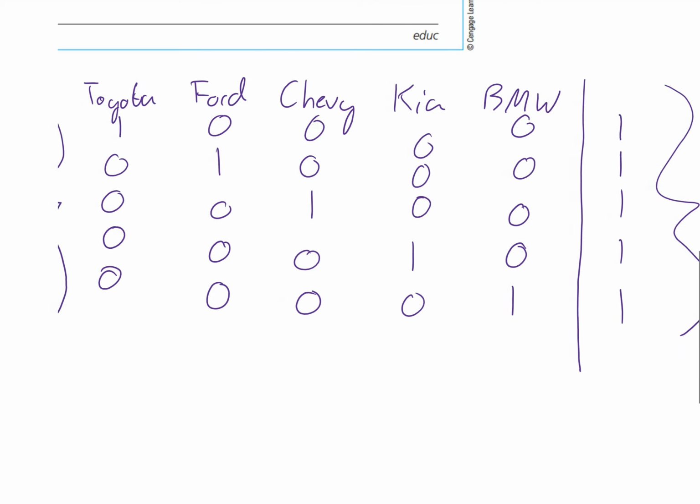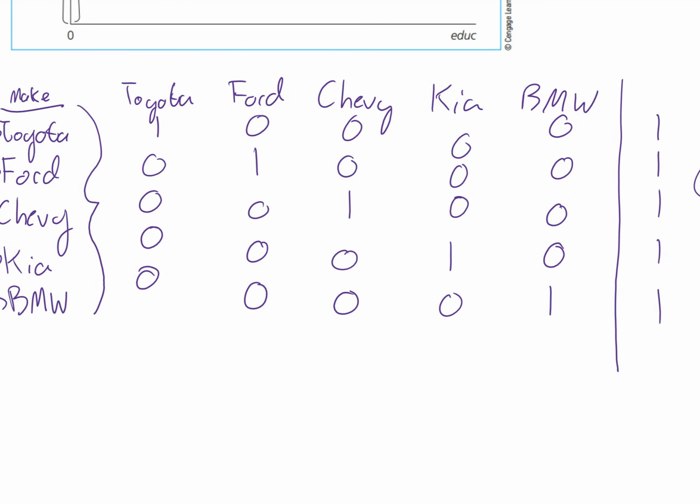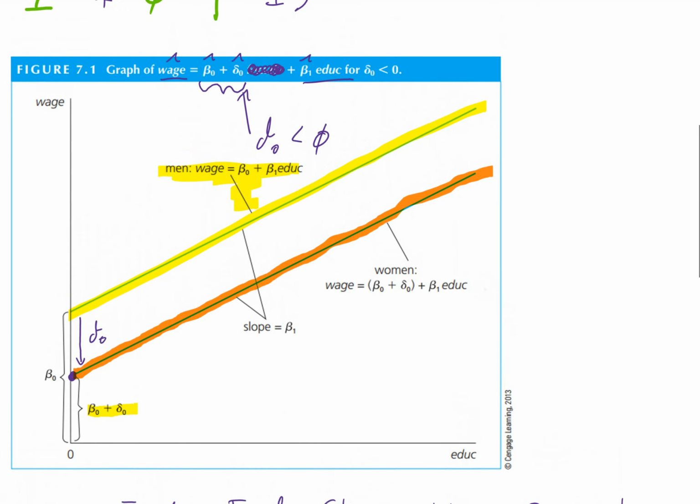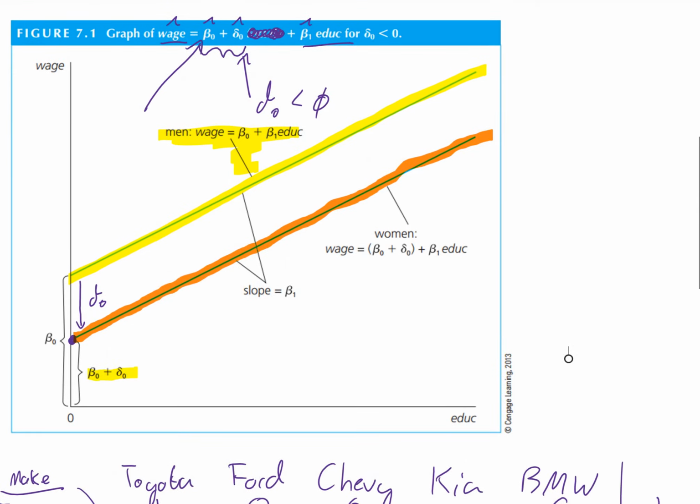We've got to omit one of them. Again, this is really just going to be an intercept shifter. Here, male was the base category, meaning that's what beta 0 represented. That was our omitted category.